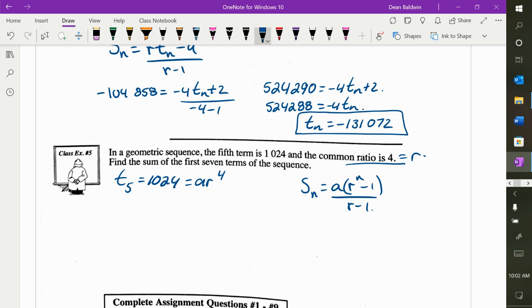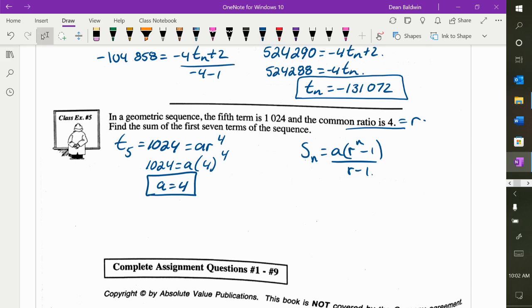So if you plug your R value in, which we already know, we can solve for A. So you're going to get A is equal to 4. A lot of 4s. Does that make sense so far?